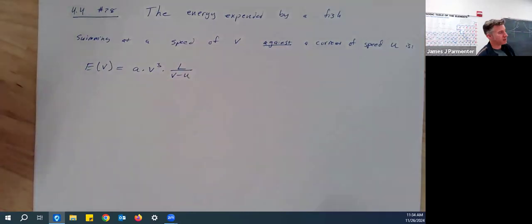The one thing I'll say about this specific problem, and a lot of the biology problems in general, is a lot of the setup is already being done for you, right? We're not having to interpret a question or set up the thing we want to maximize or find a constraint to make it a function of one variable. We're just often given the thing we're trying to maximize or minimize.